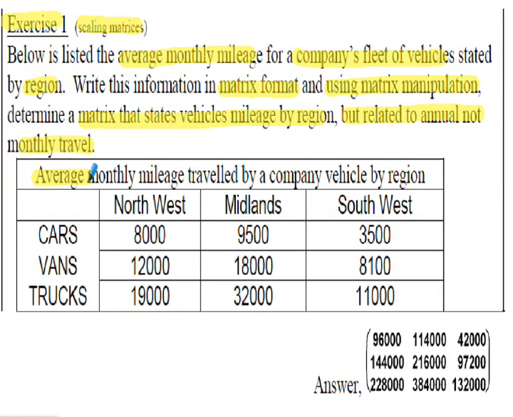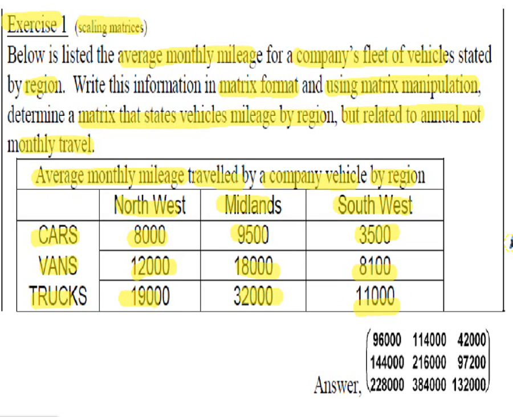So in the table, we're given the average monthly mileage travelled by a company's vehicle, by region. So cars for the northwest, Midlands and southwest are given mileage here per month. Same for the vans, mileage given per month for the various regions, and same for trucks, mileage given per month.